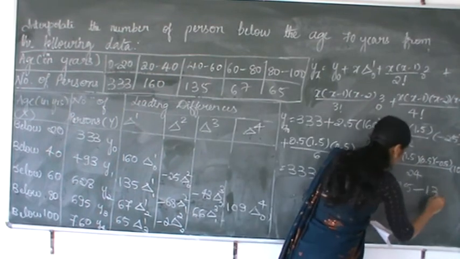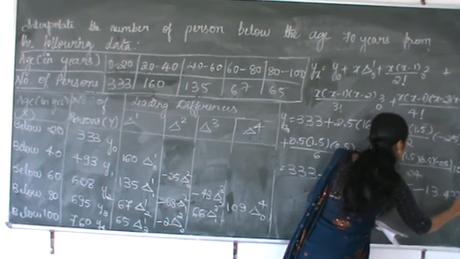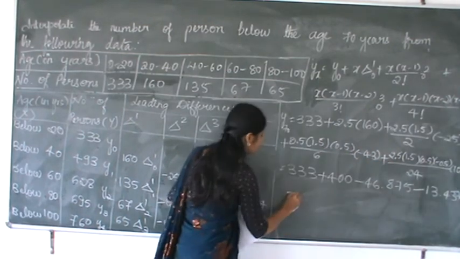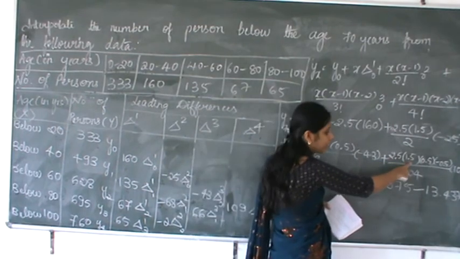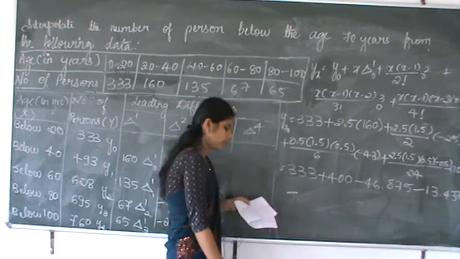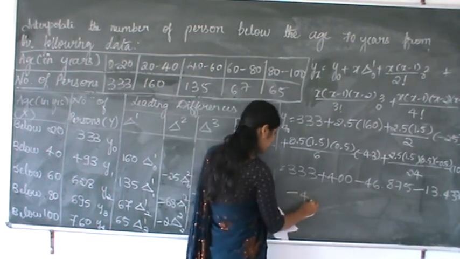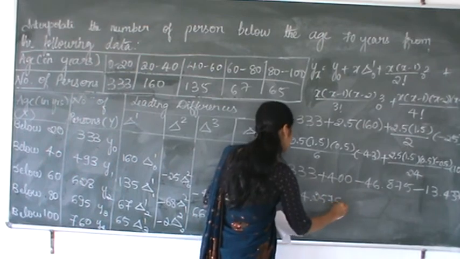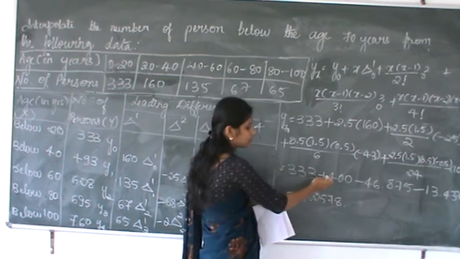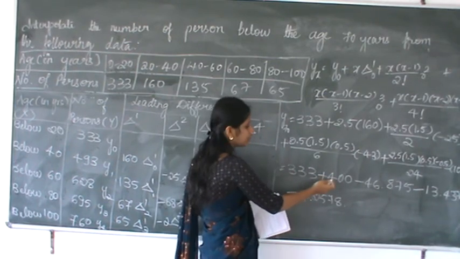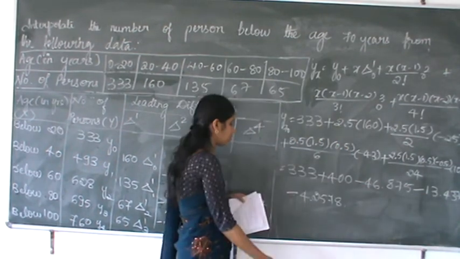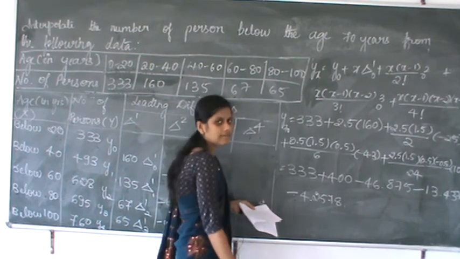The answer comes to 13.4375. Next, minus 2.5 into 1.5 into 0.5 into 0.5 into 109 divided by 24 is 4.2578. Now solve this: 333 plus 400 is 733, minus 46.875, minus 13.4375, minus 4.2578.